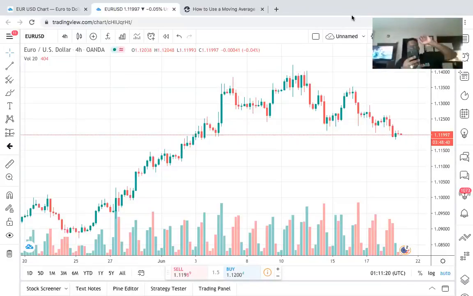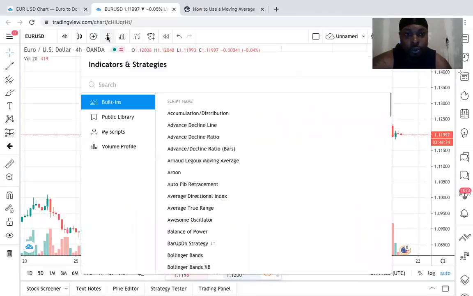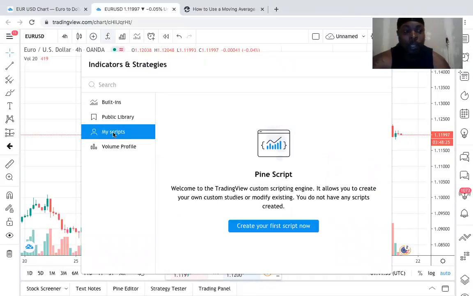So here, I have up the Euro USD chart, okay? And simply what I want to do is go to FX, where it says indicators and strategies. This is also where you'll be able to go to my scripts and you'll see the 20 pip and dip strategy, once you join our team and are approved to utilize that indicator.